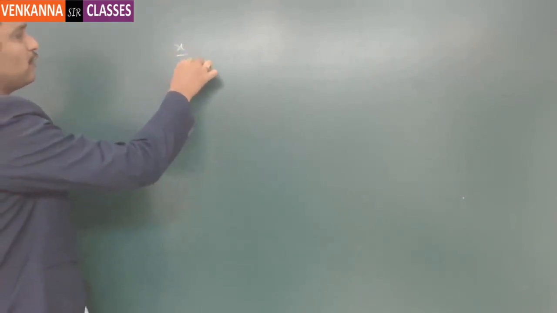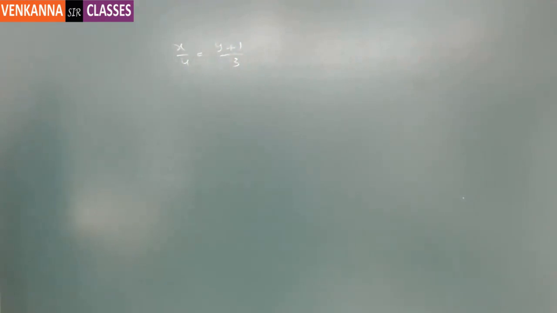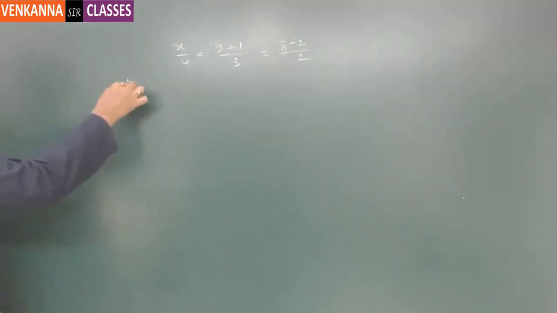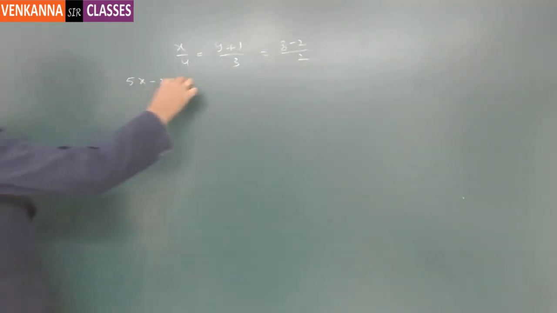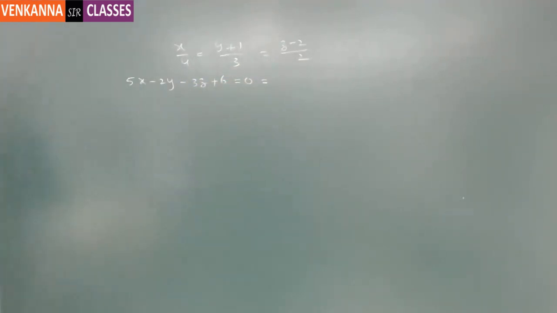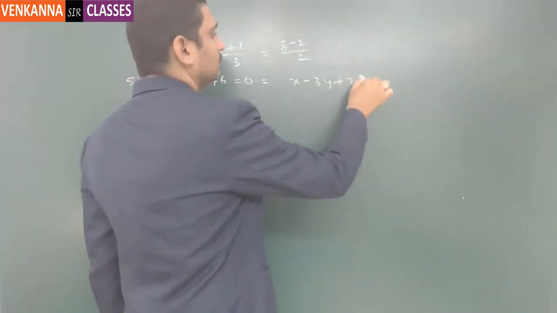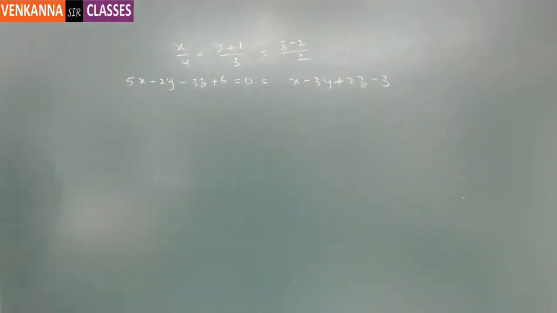So let us take the problem: x/4 equals (y plus 1)/3 equals (z minus 2)/2, and the second line is given by 5x minus 2y minus 3z plus 6 equal to 0, that equals x minus 3y plus 2z minus 3.